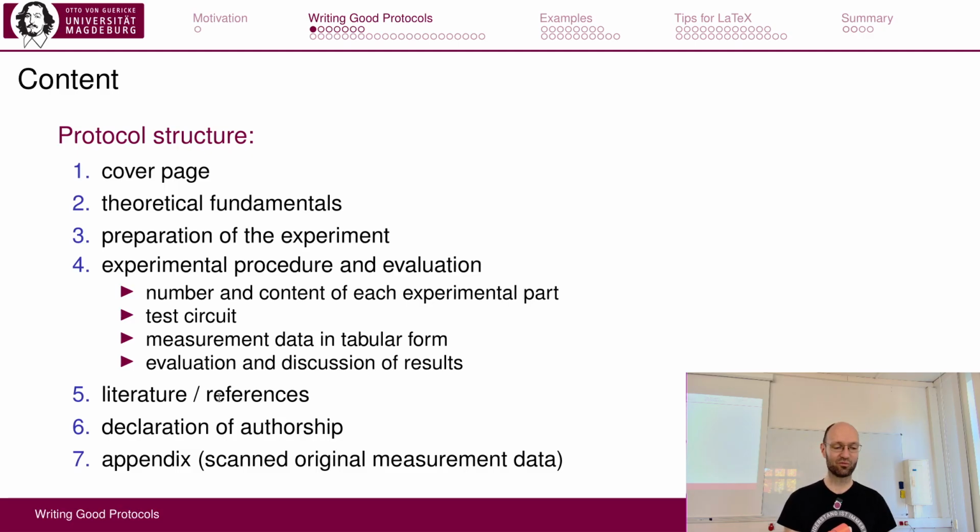So you will cite these sources in the list of references, in the literature list, and maybe you have to give a declaration of authorship that needs to be signed, and maybe there is some appendix with your original handwritten notes that you have taken on the day of the experiment that maybe also needs to be signed by your supervisor to make sure that you have not, let's say, altered the data or changed the data later on to make it better fit the theory, right? Because this is not the way it's done.